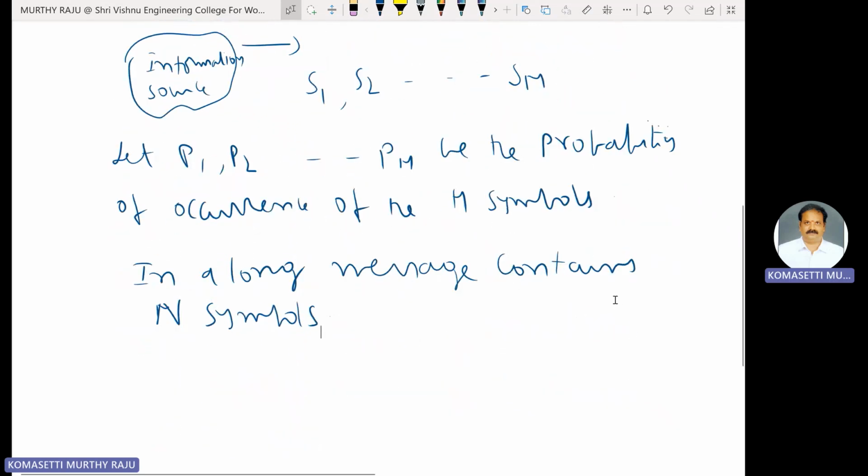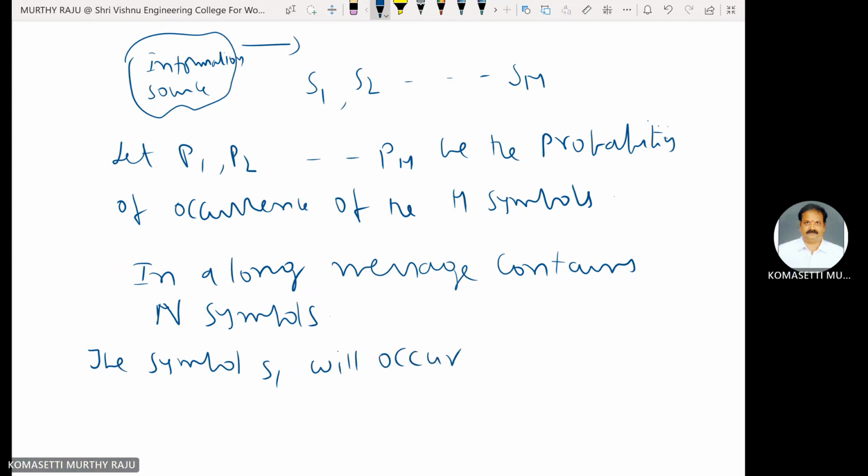The symbol S1 will occur on the average P1 into N times. That is, the number of occurrences on the average is equal to the probability of occurrence of that symbol S1, that is P1, into the number of symbols in the long message.